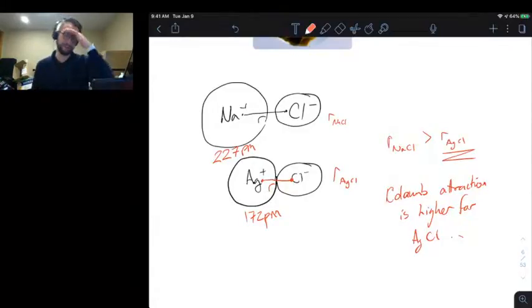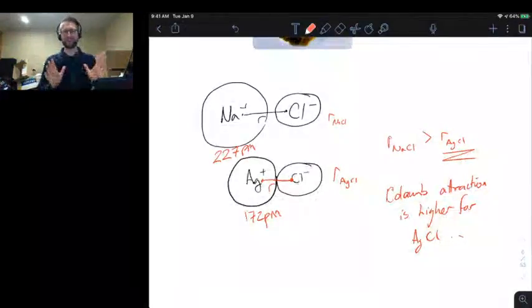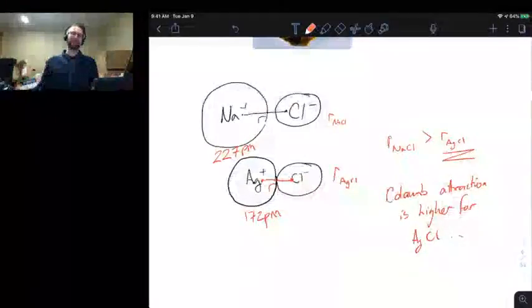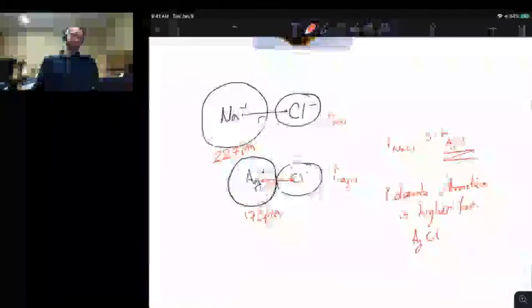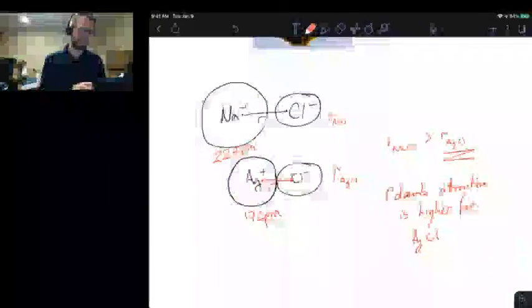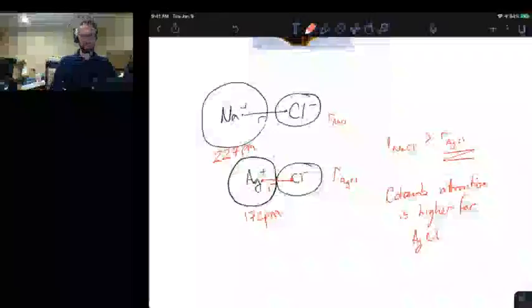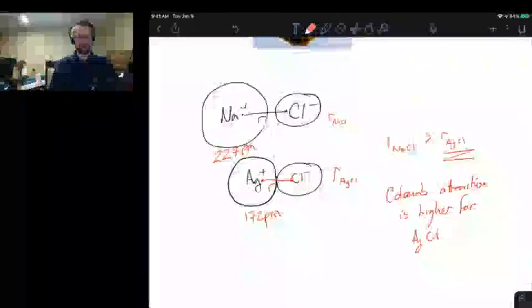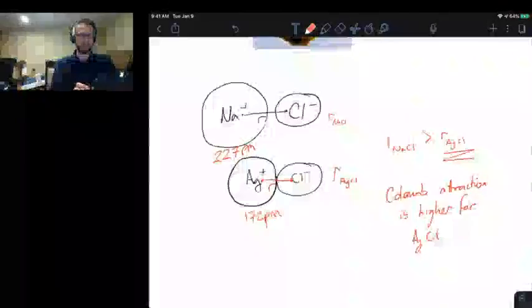I was really worried that was going to be recorded, that I made this call out. But yes, so that totally adds up. It all fits together now. The silver is much smaller, and the sodium is almost 10, 15% smaller, almost 20% smaller, I guess. And that is enough to mean that the Coulomb attraction is higher.